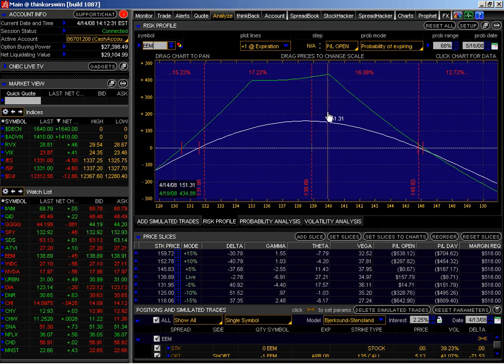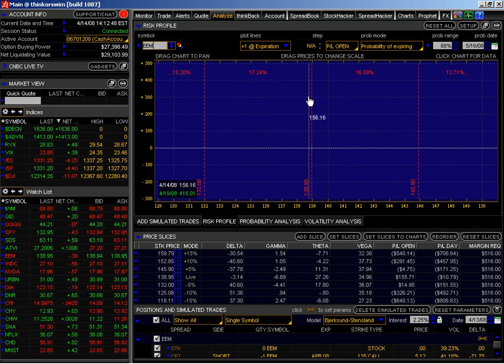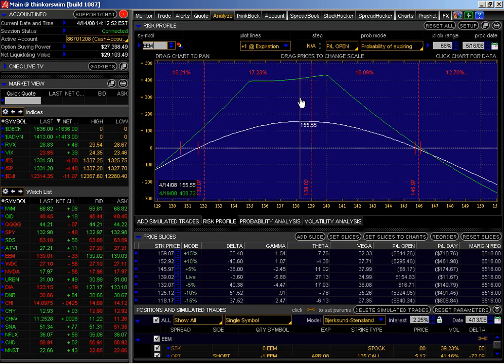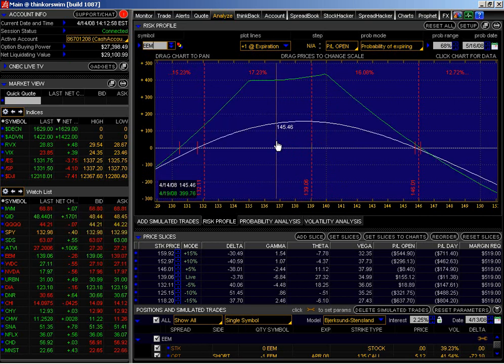We've only got 4 days left on it, so I'm hoping we can extract maybe 100, because we've got $418 maximum profit at expiration. We've got $150 currently. I think we can bring that up to around $300 in profit over the next couple of days if the market doesn't move too much. But even if it does move either way, we can still generate quite a bit of profit here.